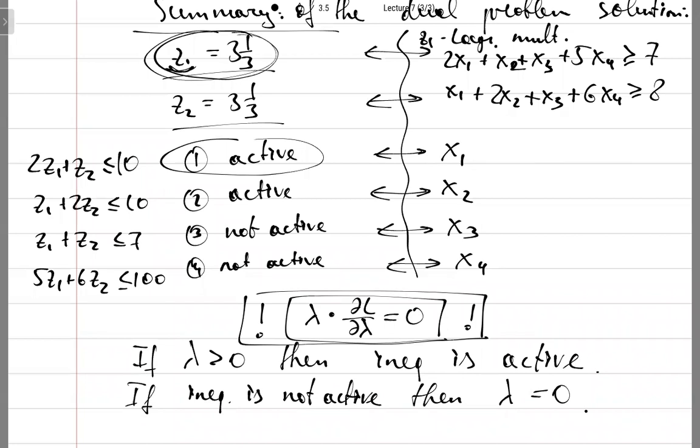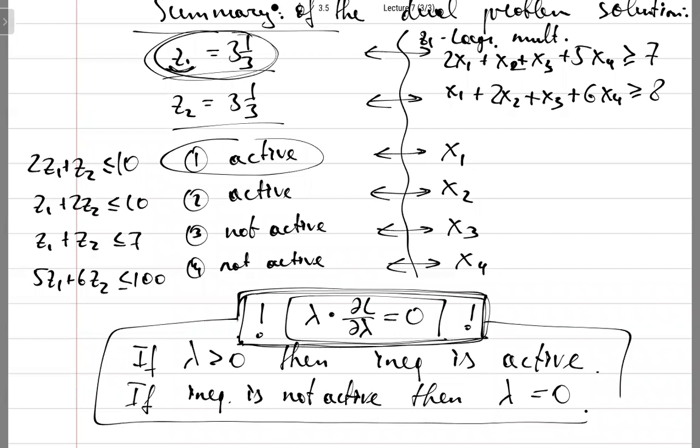If lambda is not 0, the second term should be 0. If the second term is not 0, meaning not active, then lambda is 0. So this is the correspondence rule in one formula, and that is the same rule in 2 sentences.